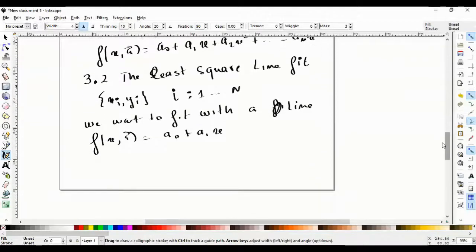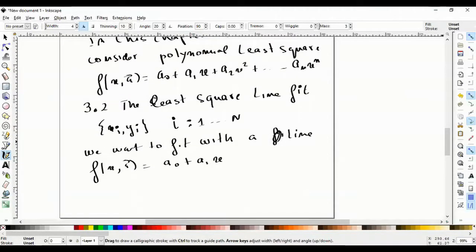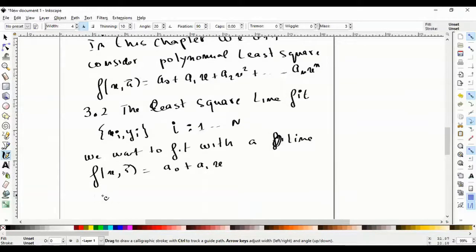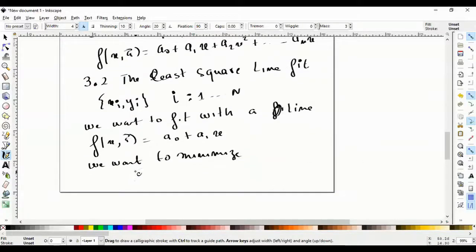Now we want to minimize the residual, so the function we want to minimize is the sum from i equals 1 till n of yi minus f of xi, a, squared.